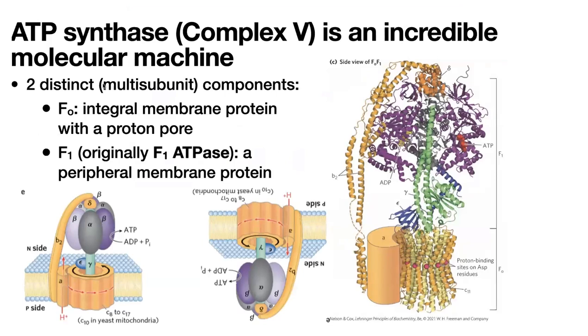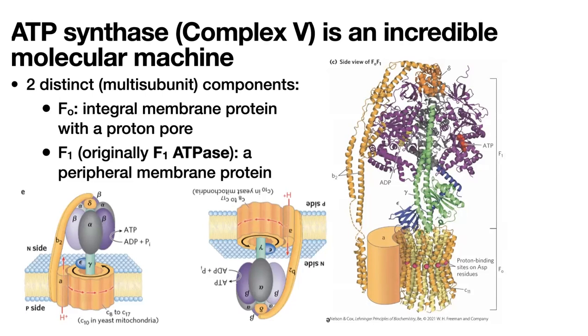This is this really awesome protein complex, ATP synthase. So this is complex 5. This is also called ATP synthase. Sometimes you might see it called ATPase. It's kind of confusing because it's going to make ATP, but it can also break down ATP because remember, an enzyme is going to catalyze things in both directions.